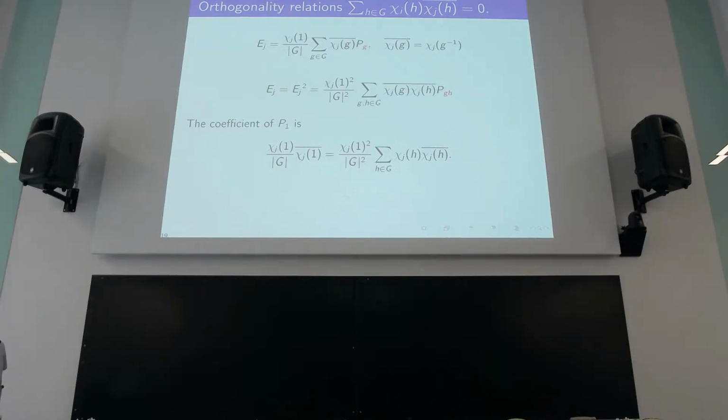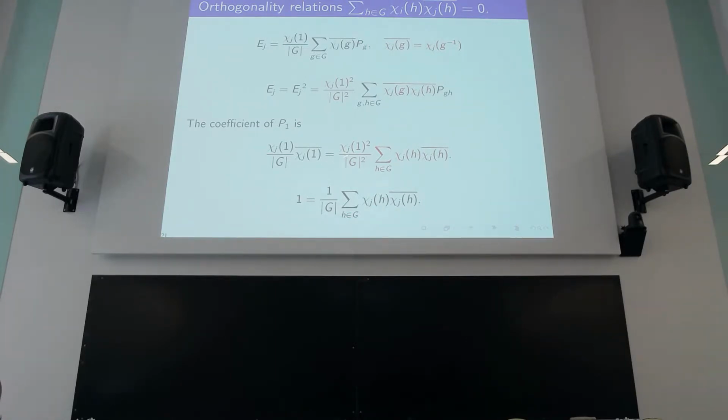And I should compare this with the formula which I have for e_j, because e_j is equal to e_j squared. I have e_j here, and the coefficient of the identity here is chi_j(1). I have to take g to be 1, so this is the coefficient of the identity in e_j, and on the right-hand side I have the coefficient of the identity of e_j squared.